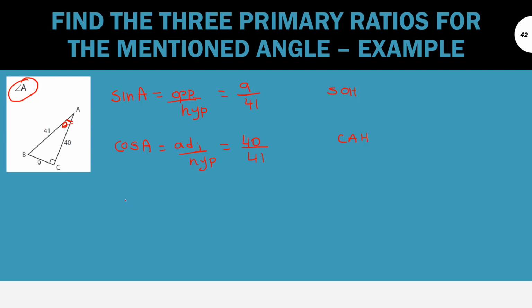And last but not least, we've got tan of A equals opposite over adjacent. Okay, so the opposite is 9. Oops, I made a mistake. Sorry about that. I looked at the board for a second.